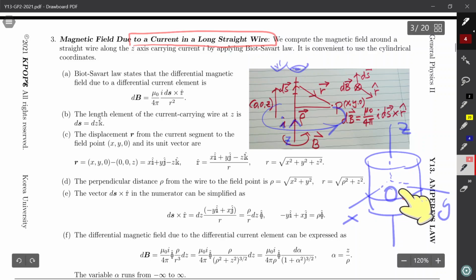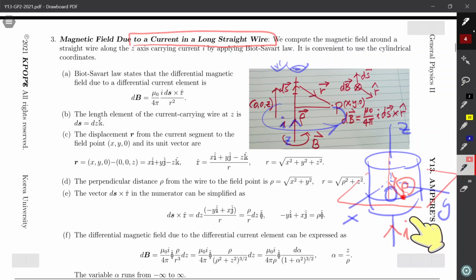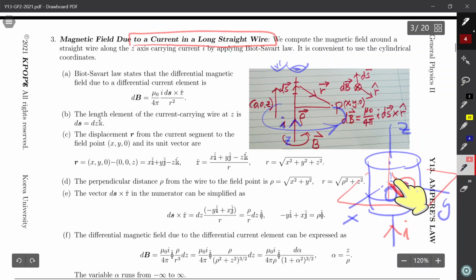It's better to choose the xy plane, that is, the field point is on the xy plane. And this is rho. Rho is the perpendicular distance from the current I.